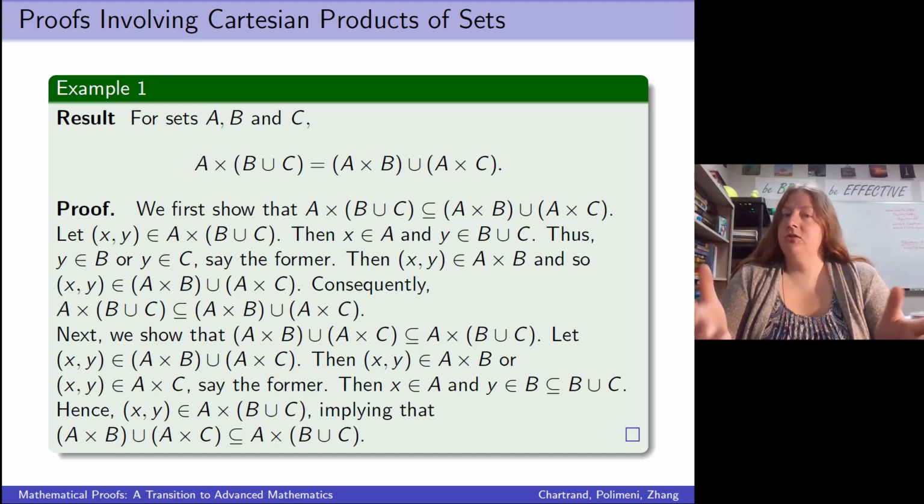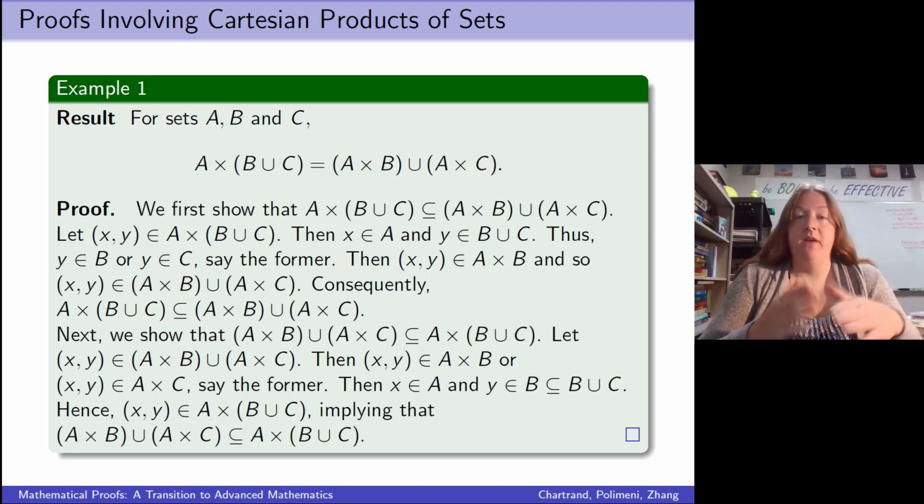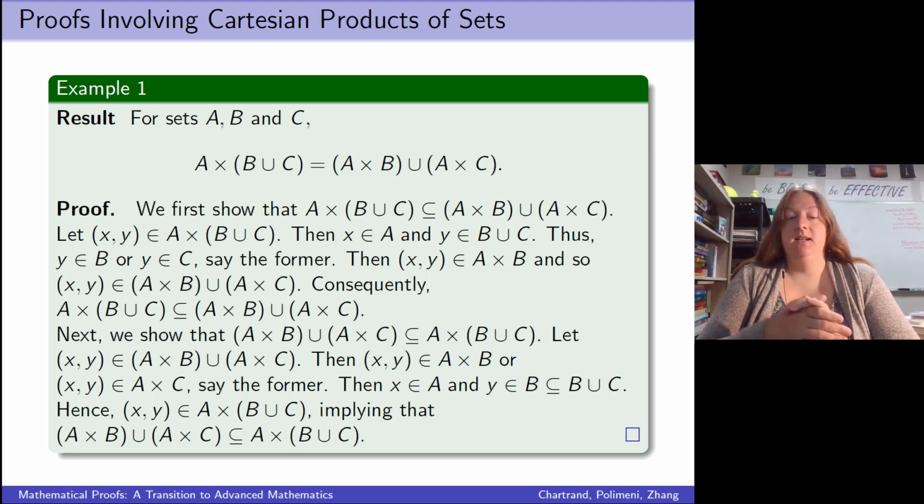So again, there's no difference between these two. They both have A as the first set, and then whether it's B or C as the second set, there's no difference between those sets. So again, without loss of generality, I can just choose one and work through the proof from there.